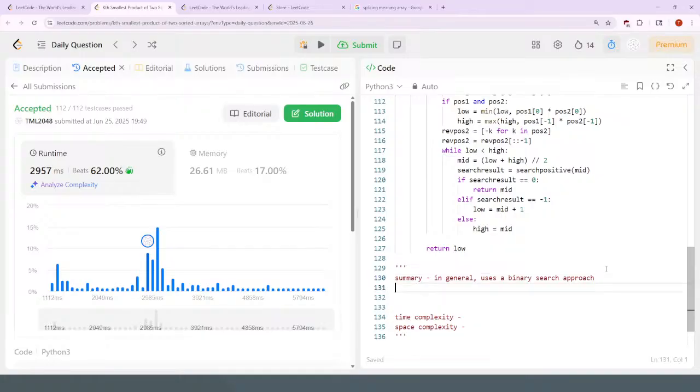Alright, in general it uses a binary search approach, and here you guess a product, and count the number of products smaller than it in a subfunction. Am I using the word subfunction correctly?